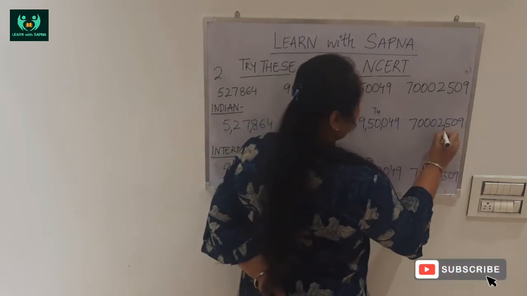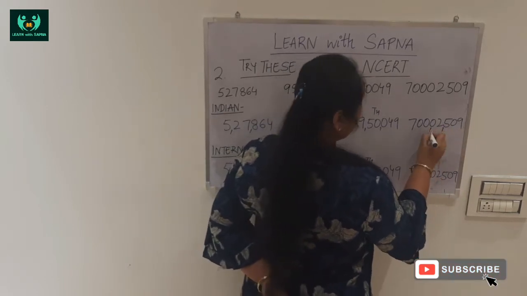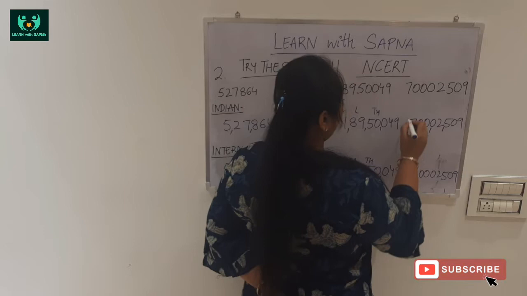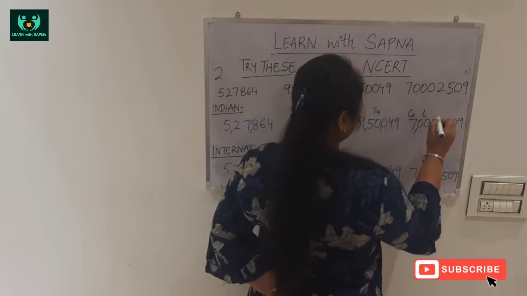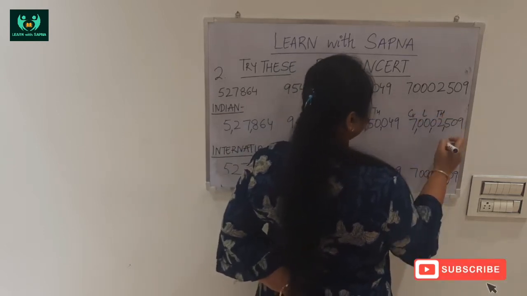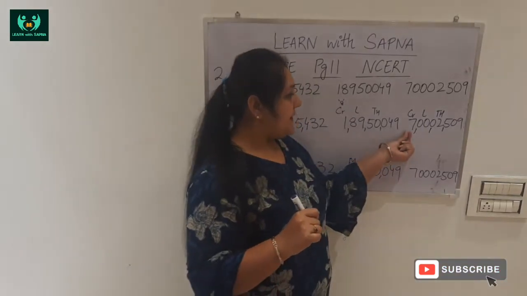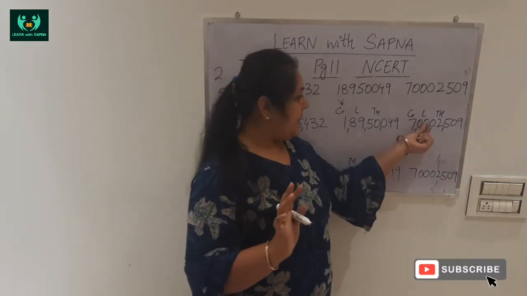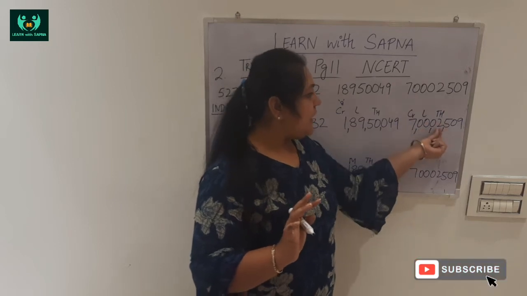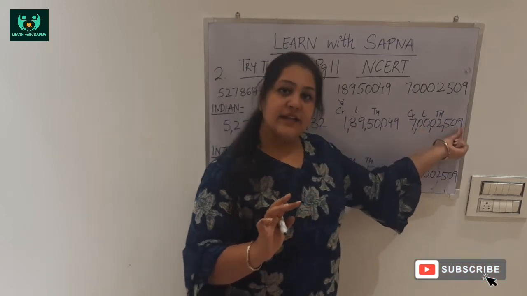Ones, tens, 100, comma, 1,000, 10,000, lakh, 10 lakh, crore. So 7 crore, 0 lakhs, 2,509. How do we read this one? 7 crore, no lakhs, there are 0 for both the lakhs, 2,509.